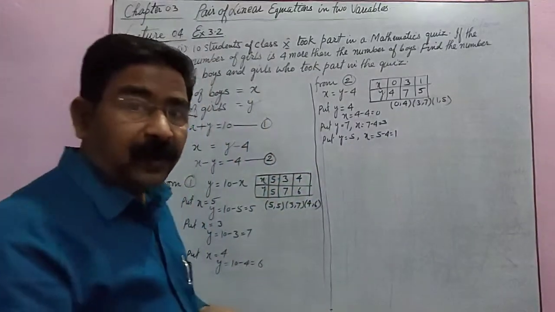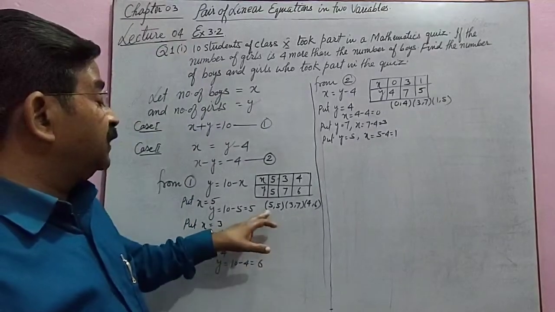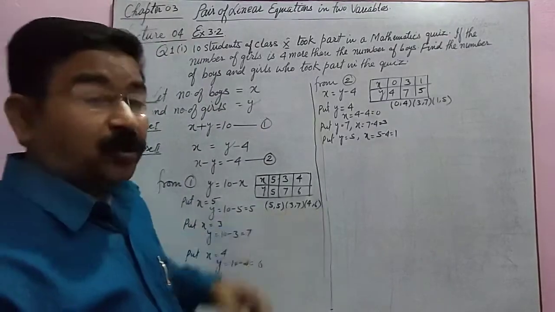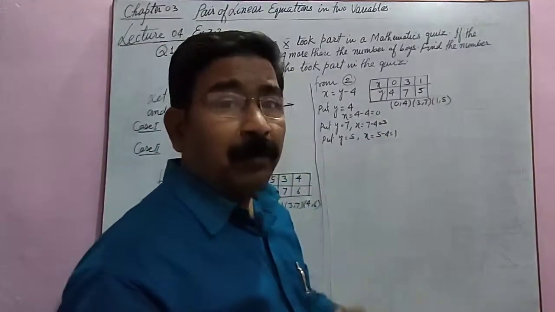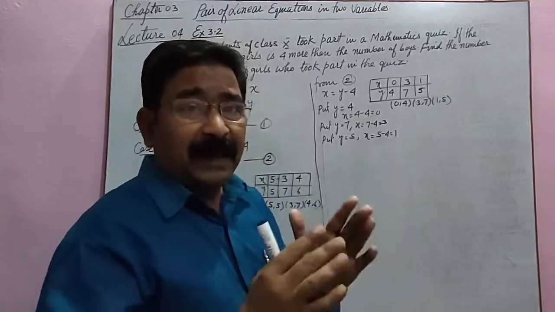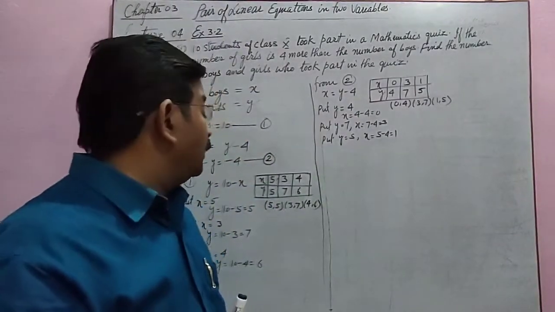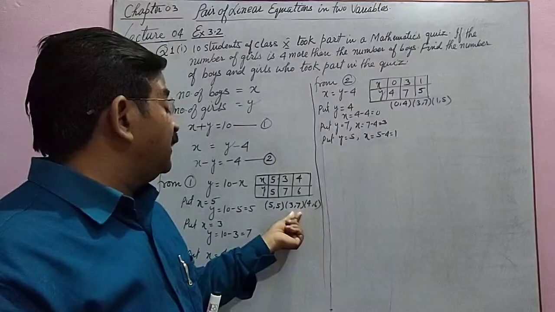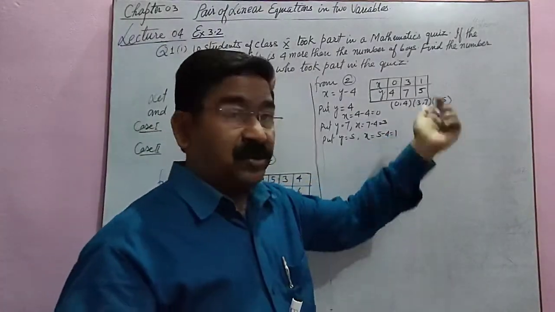Just observe the points we have got. In the first equation we have (5, 5), (3, 7), (4, 6). In this one we have got (0, 4), (3, 7), (1, 5). By chance, sometimes it happens that one of the points is common, like (3, 7) in the first equation and (3, 7) in the second equation.